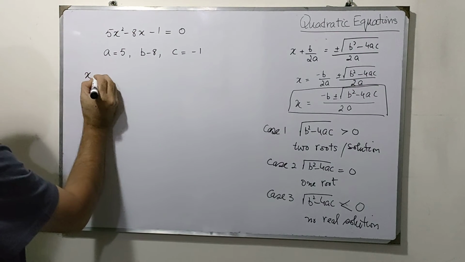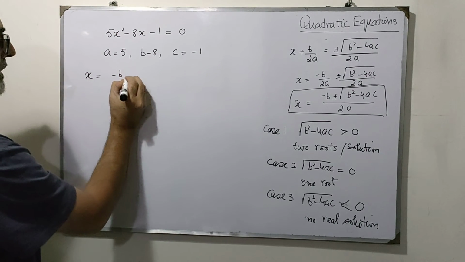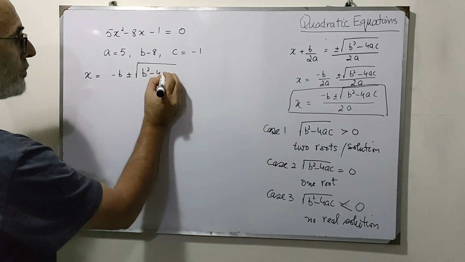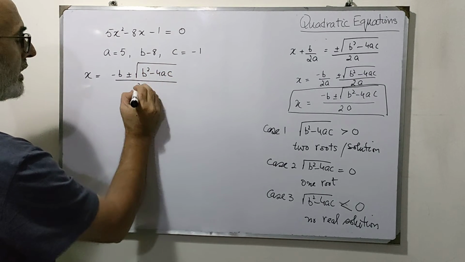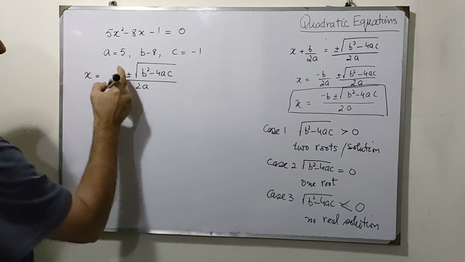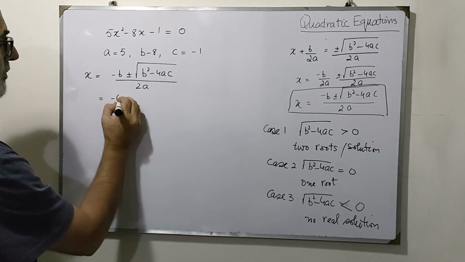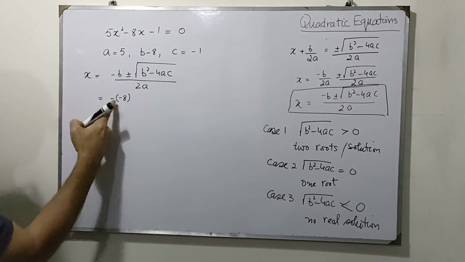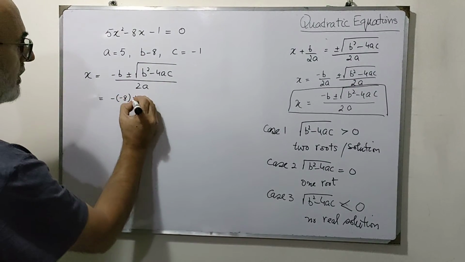So x is equal to minus b plus minus the square root of b square minus 4ac over 2a. For minus b, we write minus of minus 8, using the bracket because it is negative.